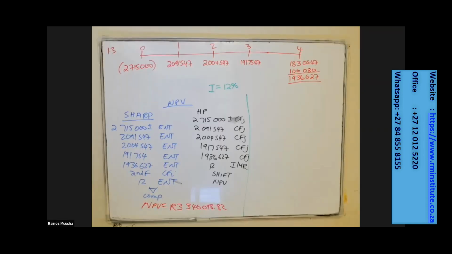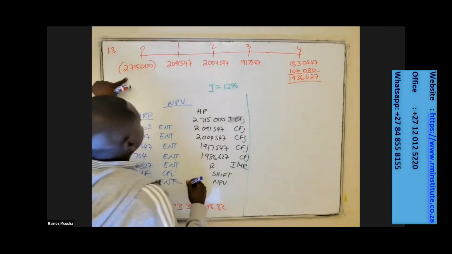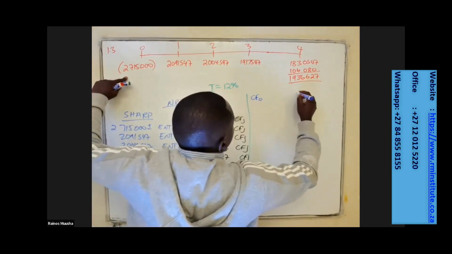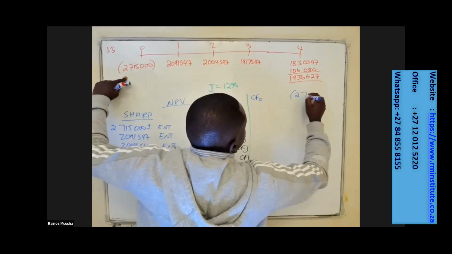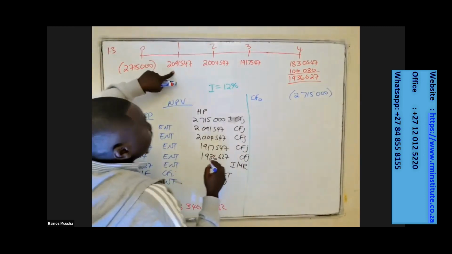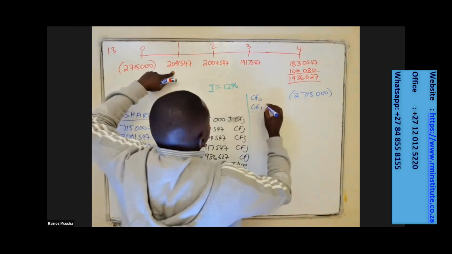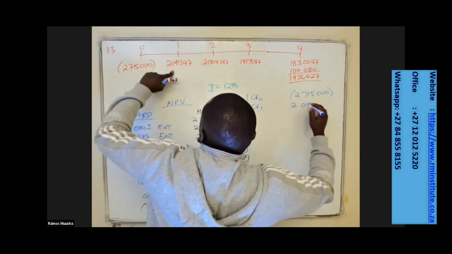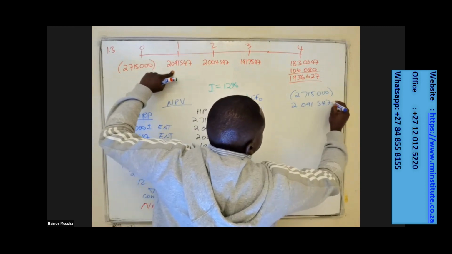Can we move on? Remember, they also asked us to find the payback period, isn't it? Now, to get the payback period, we are starting off with a cash flow for year 0, which is an outflow of 2,715,000. Then in year 1, we're going to generate a cash flow of 2,091,547.